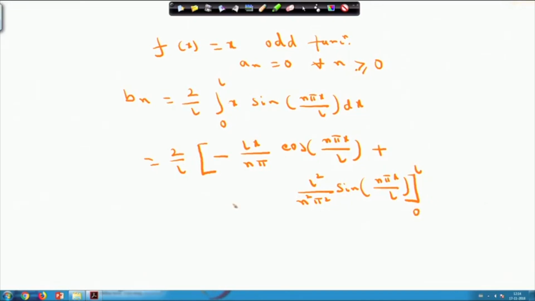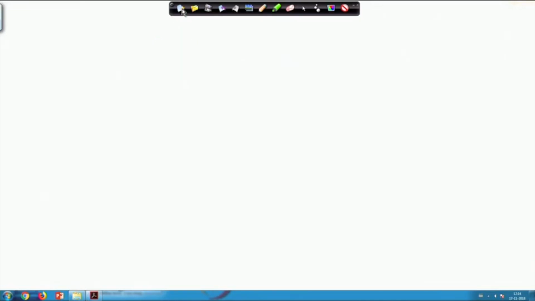So, if I substitute the limits over here, your b_n you will obtain as 2 by L times minus L square into cos n pi by n pi, and which is nothing but minus, if it is coming out, cos n pi.